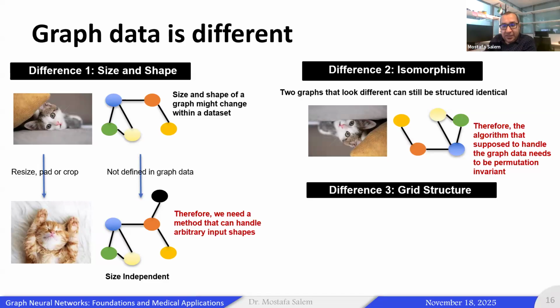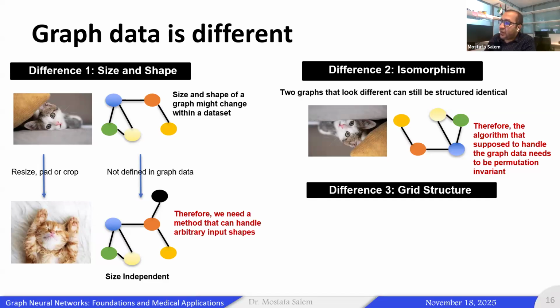The nodes are connected to the same nodes on the left or right. So flipping the image will give you another new image, but flipping the graph will give you the same graph, the same feature, the same connection. And this is what's called isomorphism.